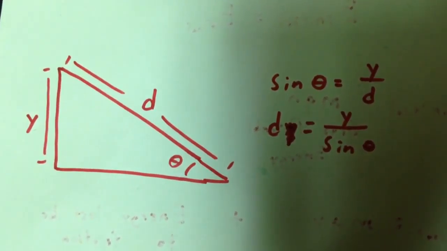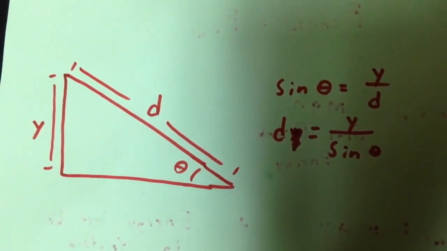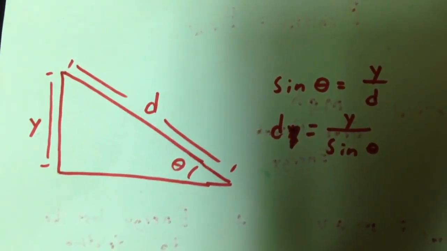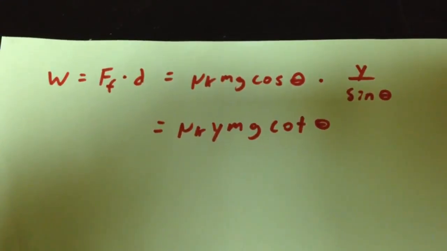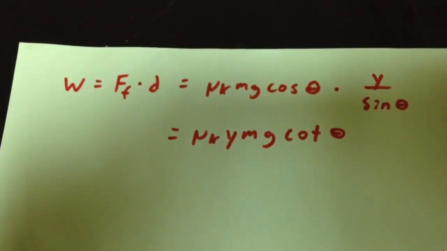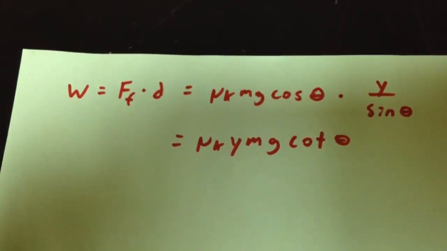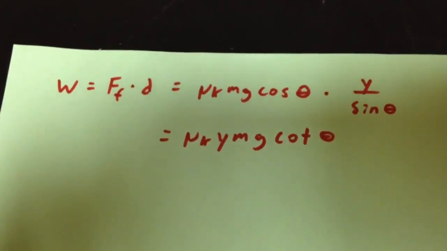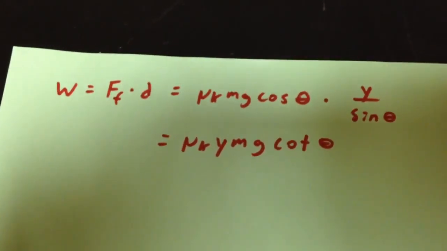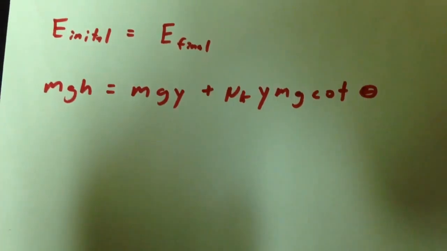Rearranging, we find that the hypotenuse that the block travels across is equal to y over sine theta. Work done by friction is equal to force times distance. Therefore, work equals μk mg cosine theta times y over sine theta. Combining these two terms, we find that work equals μk y mg cotangent theta.